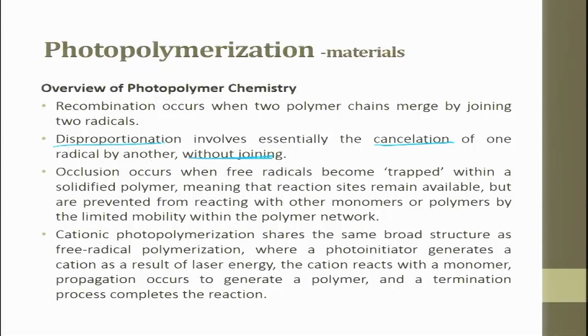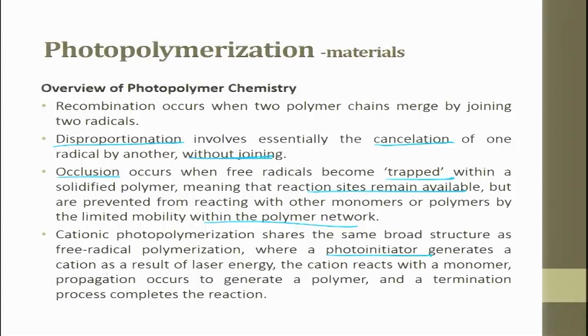Occlusion occurs when free radicals become trapped within a solidified polymer, meaning that the radical sites remain but are prevented from reacting with other monomers or polymers by limited mobility within the polymer network. So, this is occlusion.